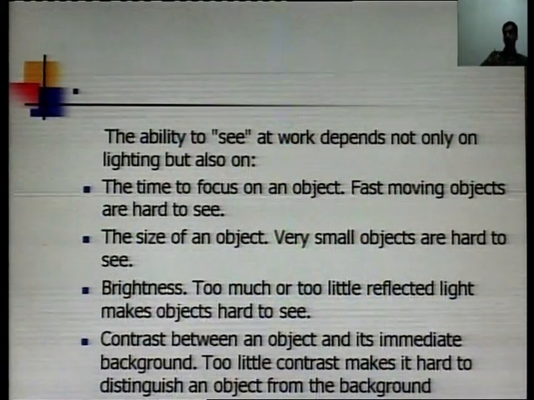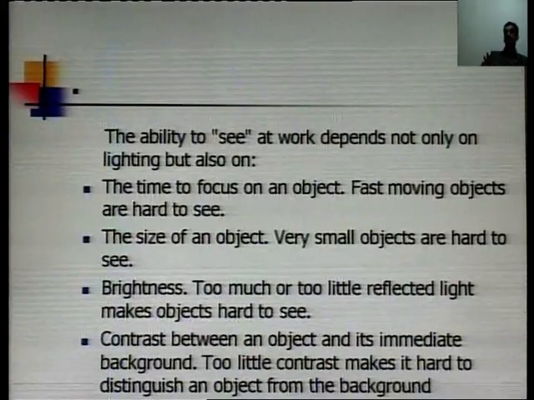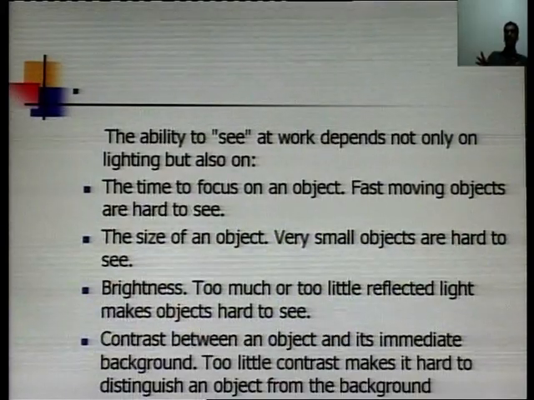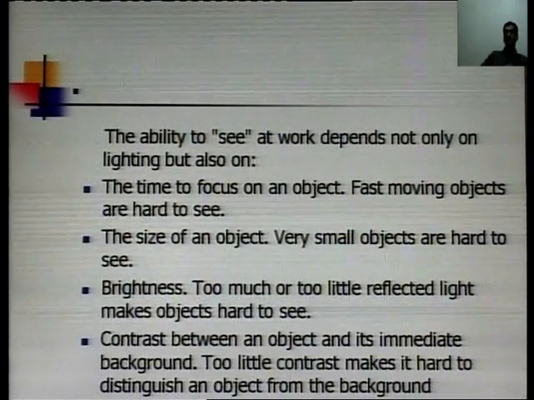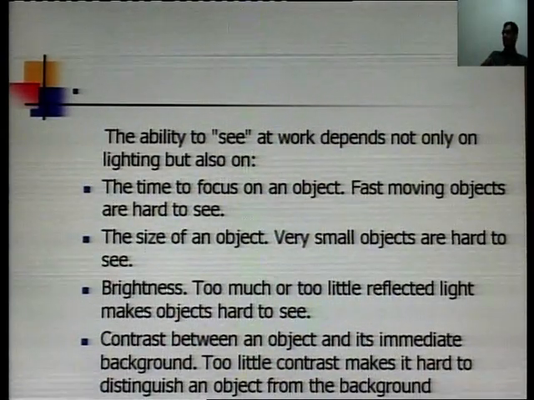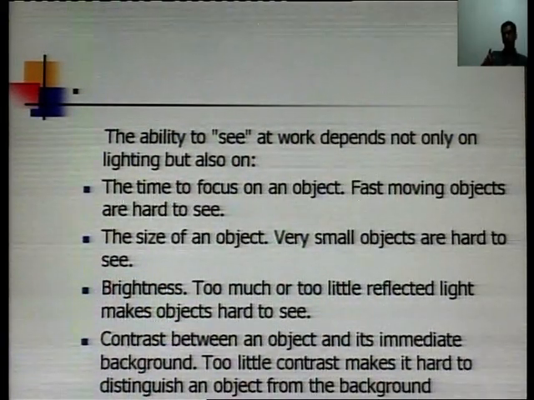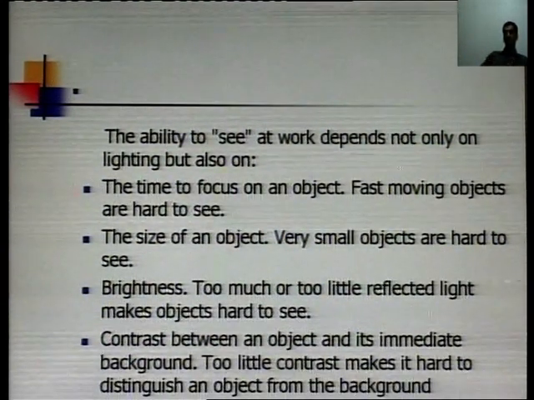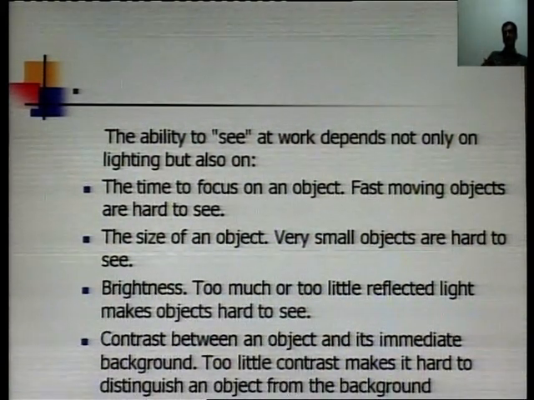Then you have brightness and contrast, which I have already discussed. Too much bright rooms or bright objects, or too much or too little reflected light, make objects hard to see. Then there is the contrast between an object and its immediate background. If there are two objects in a room, one dark and one light, and the contrast is good, it works well.